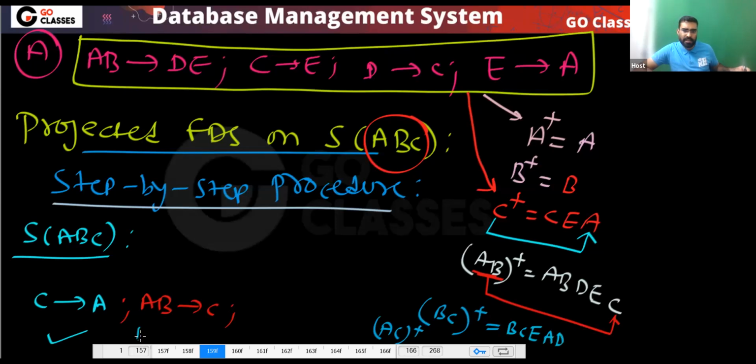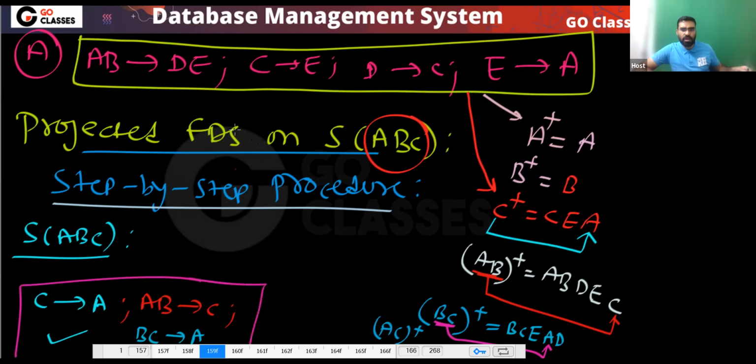So you can also write that BC will determine A. Your focus must be only on BC determining A. What about AC plus? AC plus will determine ACE. That's it. So only this is your FDs.